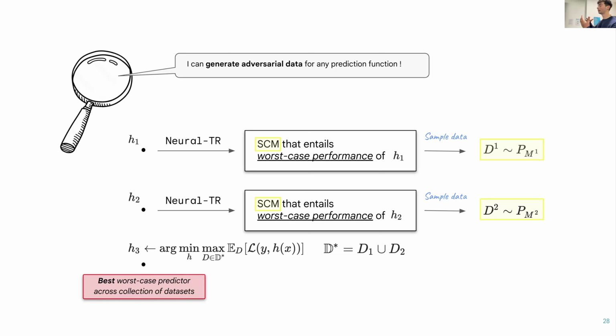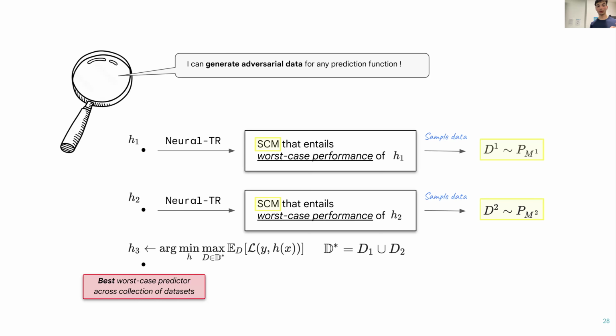So we're playing a little bit of a game here between an adversary, which is our evaluation procedure that generates adversarial data, and then a learner that is, over several iterations, trying to minimize worst case errors across all of these data sets we're generating. And so at this point, you have a little bit of a guarantee for H3.